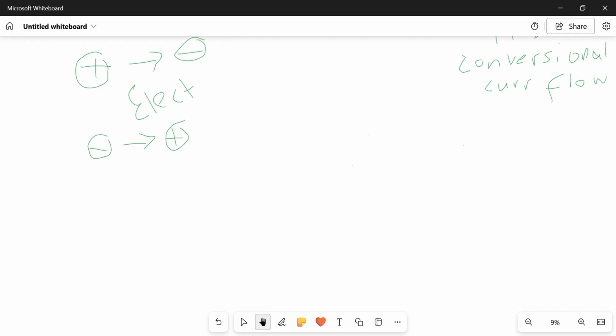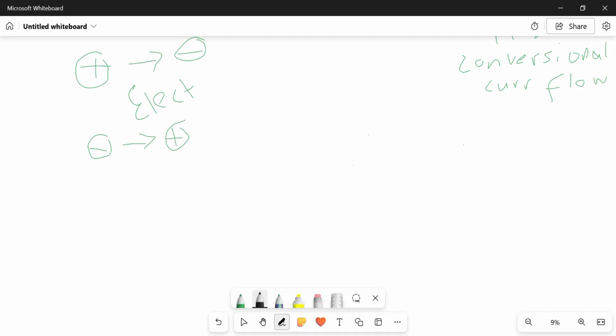Okay, so now we are going to look at electric circuits. Before we went to electric circuits, we had to discuss the current flow. Now in electric circuits, we have different kinds of components which complete a circuit.